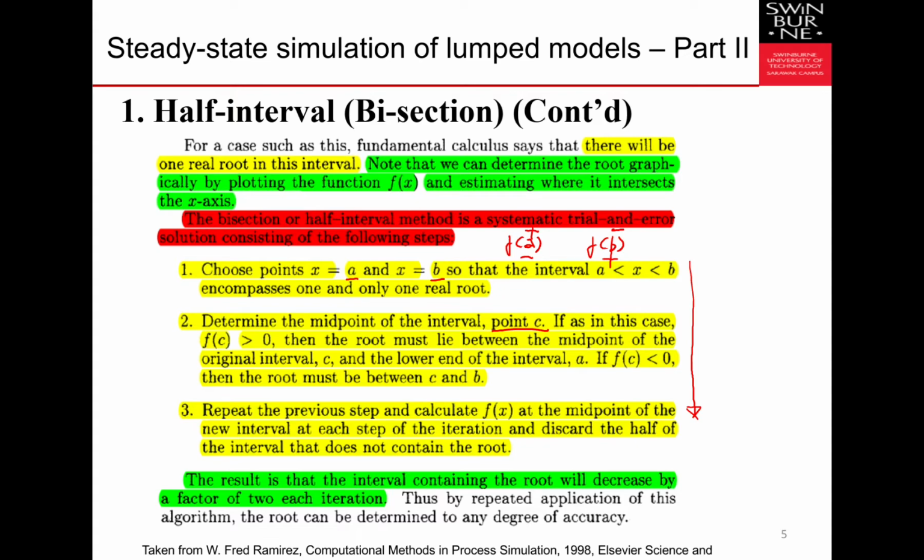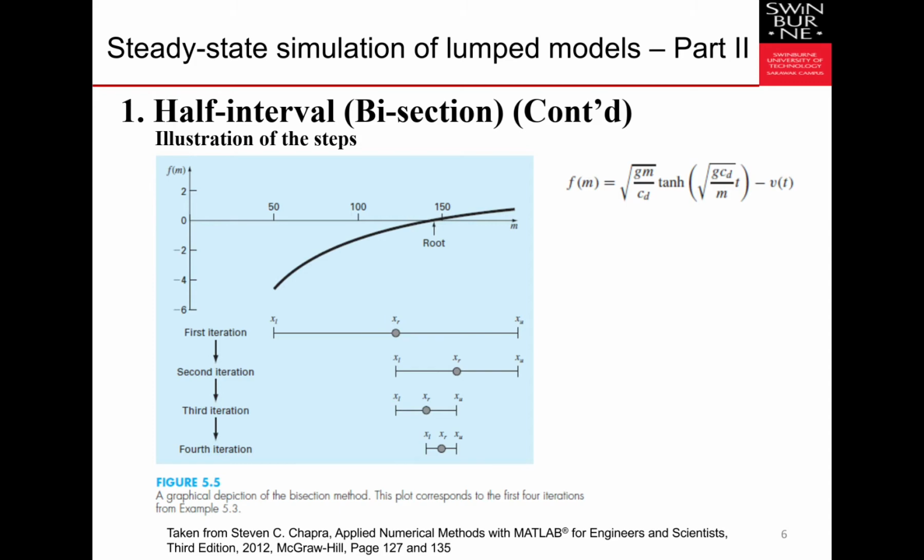in each iteration. The illustration of the steps is given here, where for example we have a function with this trend. Let's say you take 50 here and around 200 here; one has a positive value and one has a negative value.